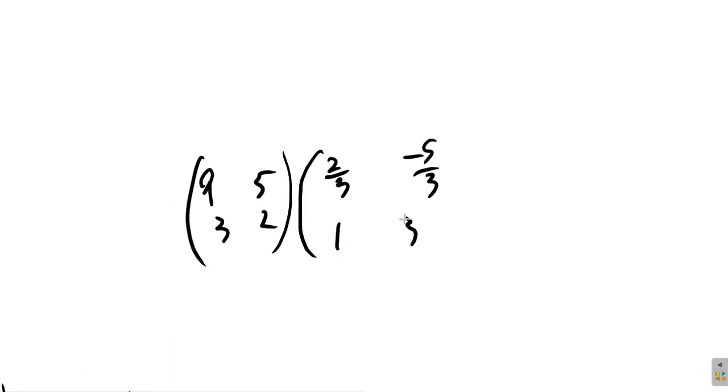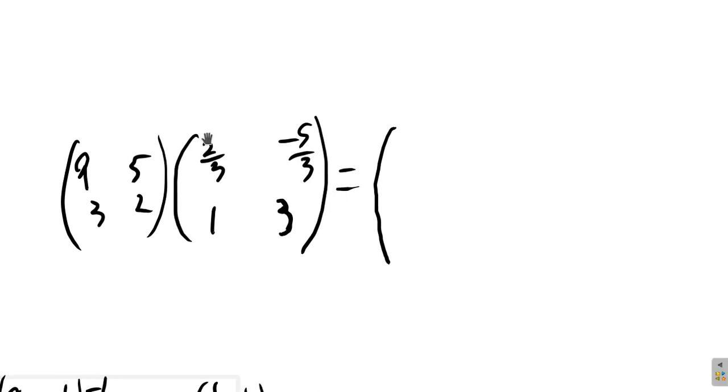When you multiply a number by its inverse, when you multiply a matrix by its inverse, what are you supposed to get? You're supposed to get what? The unit matrix. Alright? Just like how when you multiply a number by its inverse, you get the unit number, which is 1. Alright, so let us multiply these and see what you get.